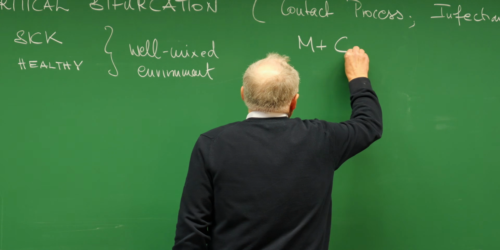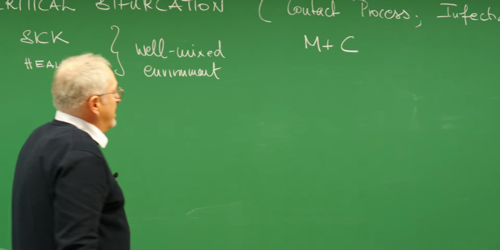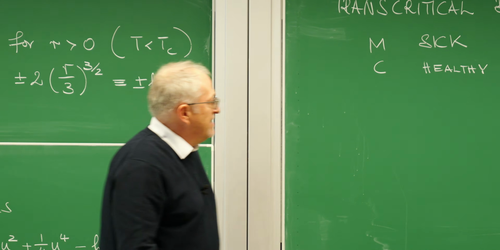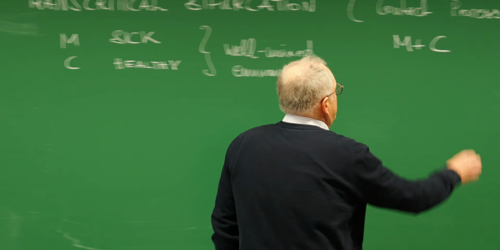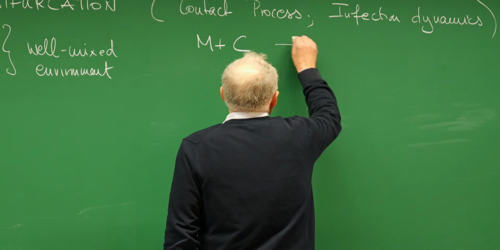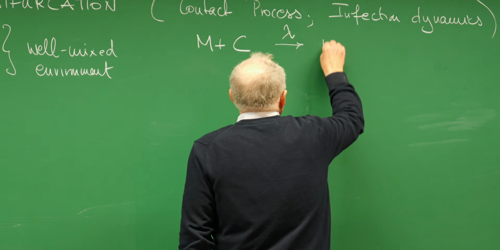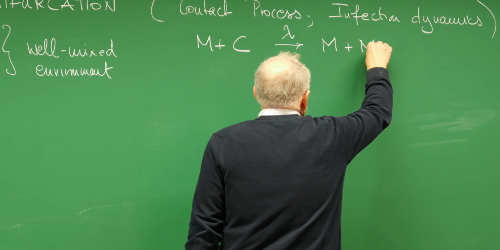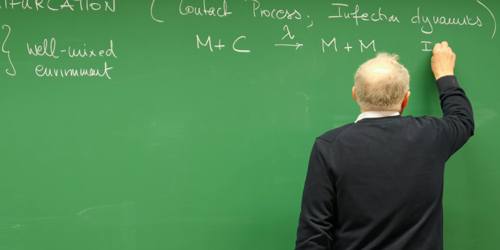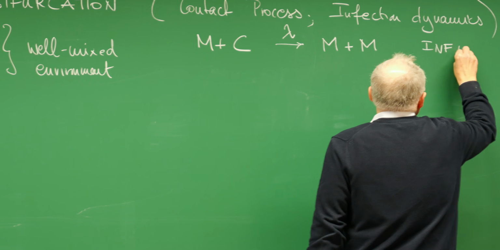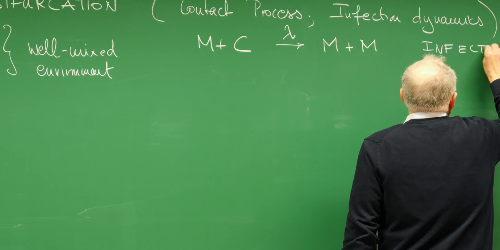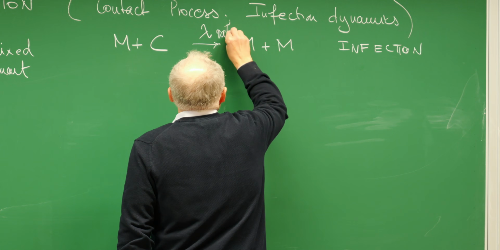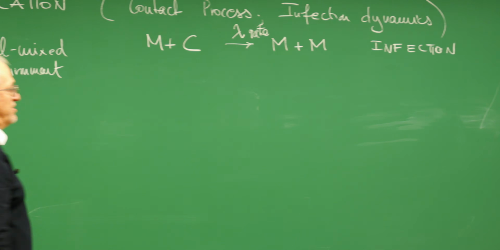Then you can look at what can happen. So if a sick individual meets a healthy one, it will transmit the virus with a certain rate that I call lambda. So this is the infection, and lambda is the corresponding rate of infection.